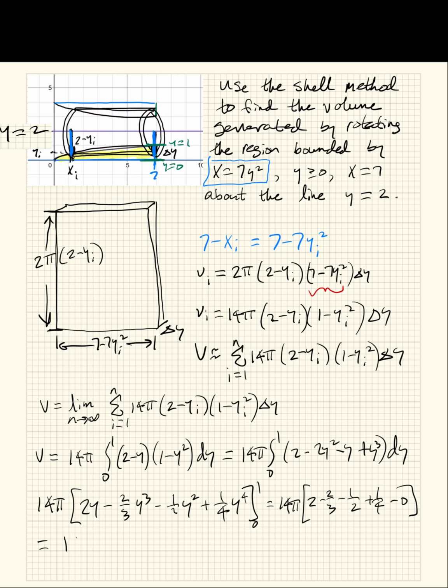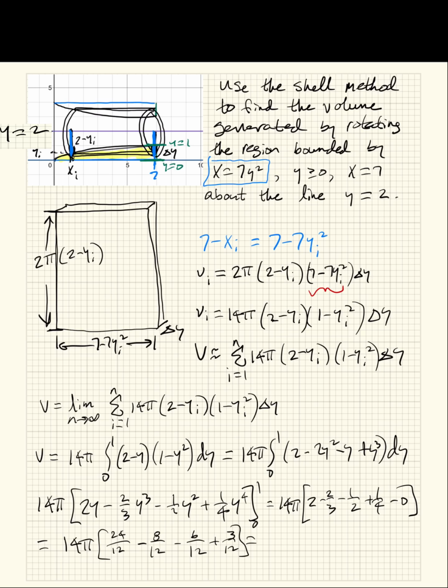And so now we have 14 pi times, and we would probably need to express all of these values in terms of twelfths. 24 twelfths minus 8 twelfths minus 6 twelfths plus 3 twelfths.